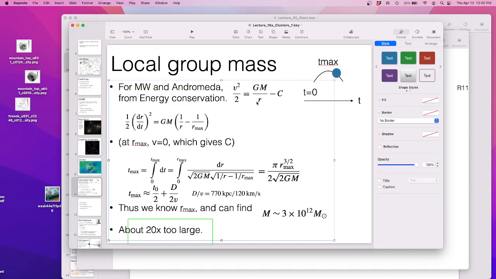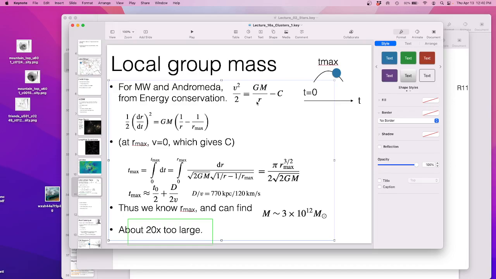So this is just like throwing something up in the air and trying to measure the mass of the Earth. So the Andromeda is like here. And there's a place here where they are the furthest away. So I know that this time is basically the age of the universe.